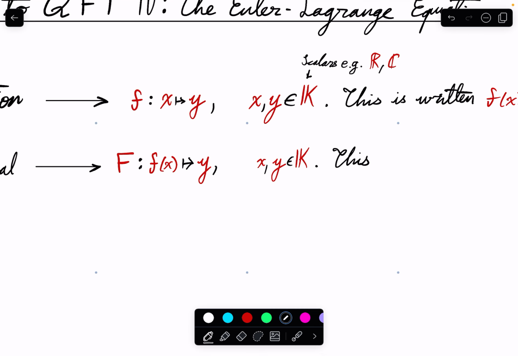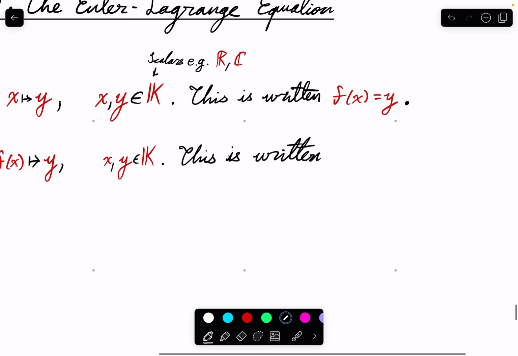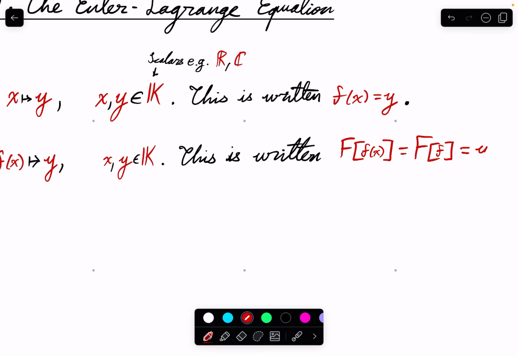This is written similarly, except you have capital F and then square bracket little f of x, which typically is rewritten like this: F of little f equals y.